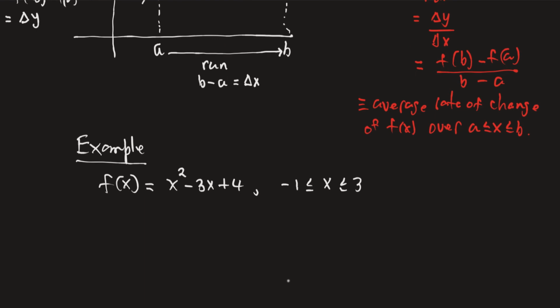We should all be able to sketch a parabola, but let's compute the slope of the secant line that passes through the 2 points on this curve, with one point being x equals -1 and the other point being x equals 3, right? So the slope of our secant line, again, that is our delta y over delta x.